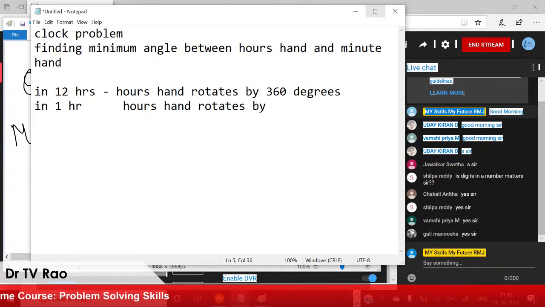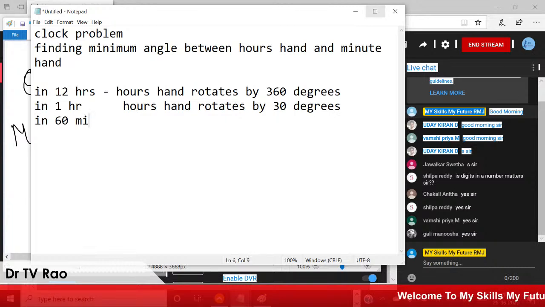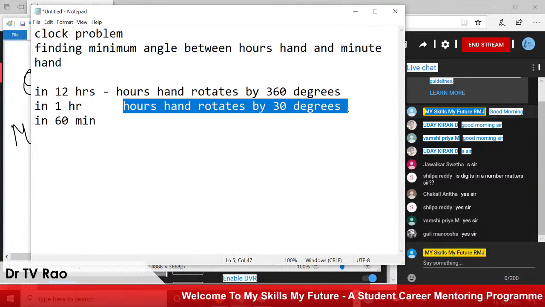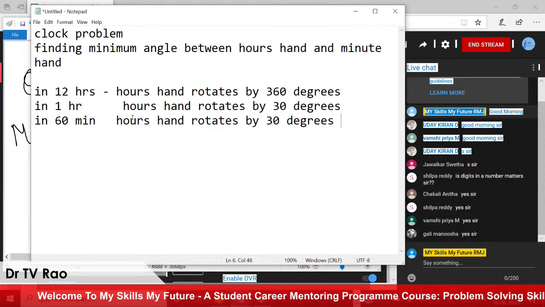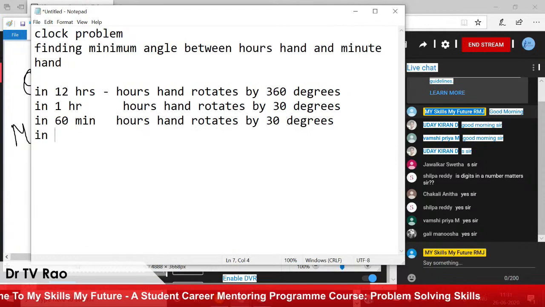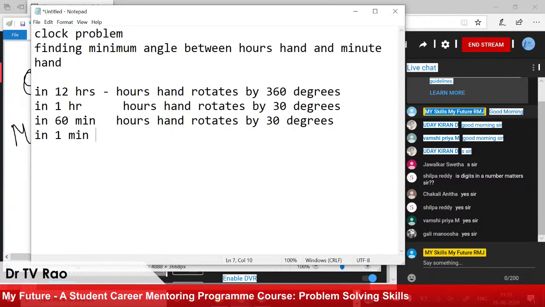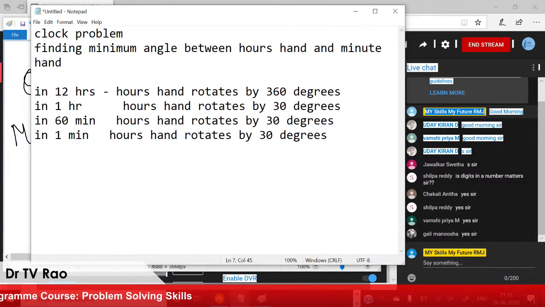1 hour is 60 minutes. In 60 minutes, the hour's hand rotates by 30 degrees. Okay. So in 1 minute, because we'll have to compare everything on a minute basis, this will rotate by 0.5 degree. Okay, so keep this knowledge with you.